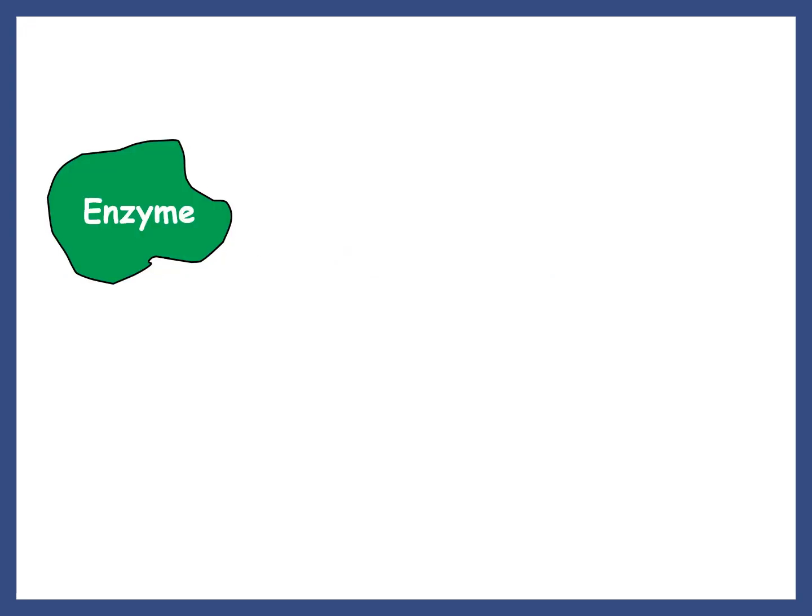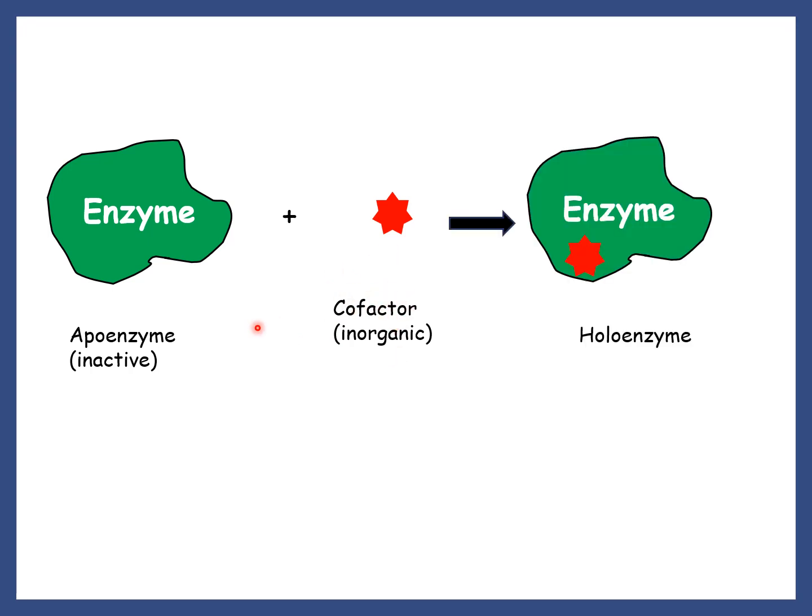An enzyme which needs a cofactor would be inactive without its cofactor components, and it's called an apoenzyme. When an inorganic molecule, which is called the cofactor here, binds to the enzyme, it forms the active complex, and it's called a holoenzyme. Now this enzyme is active.